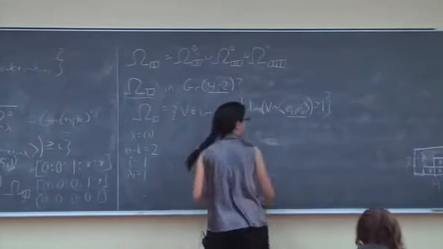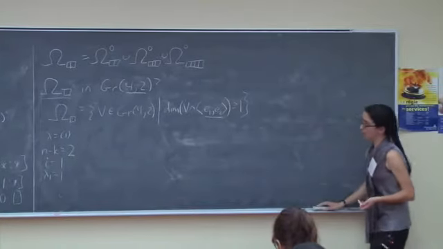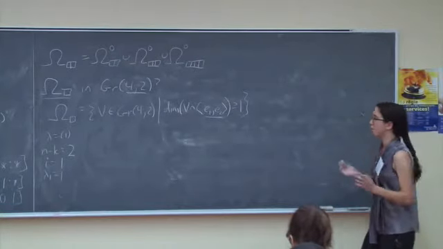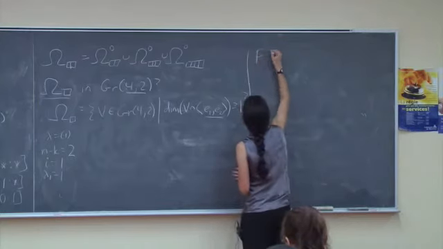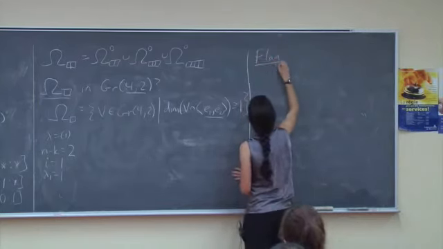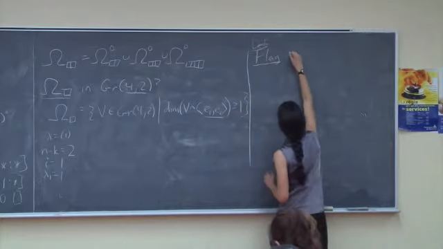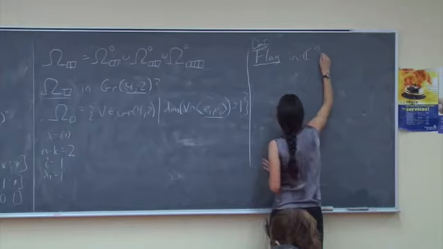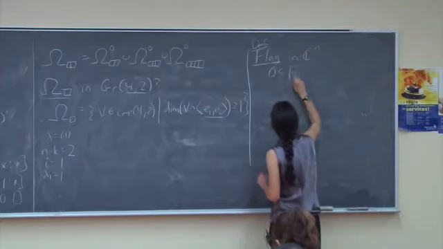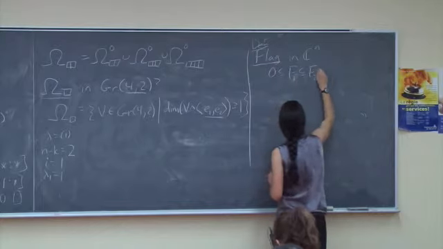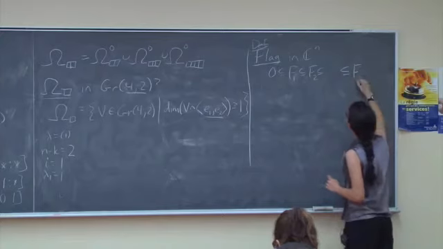So for this, we need what's called a choice of a flag. It's not just a change of basis. What we really want is a chain of subspaces. So here's the definition. A complete flag in C^n is a chain of subspaces that are all contained in each other.